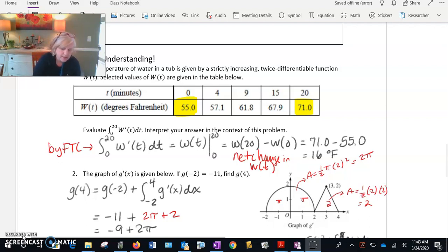The way that we figure out what that constant is going to be using definite integrals is we remember that where I am currently is equal to where I started plus the net change from that starting position. So you do want to remember, again, this is the other part of FTC, that this idea of accumulation and finding function values can be done by taking where you were plus your net change from that position.